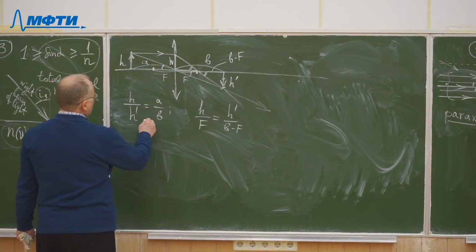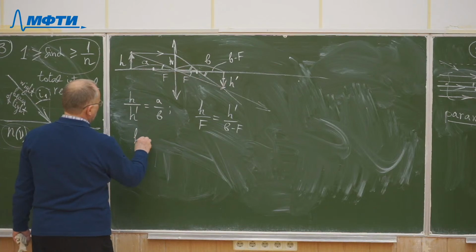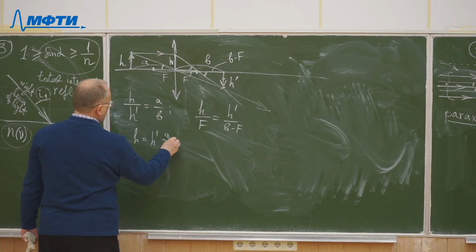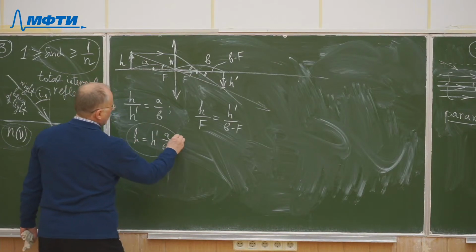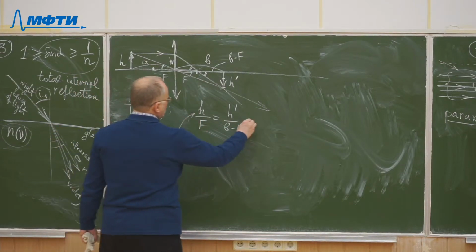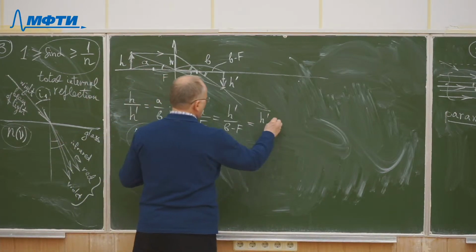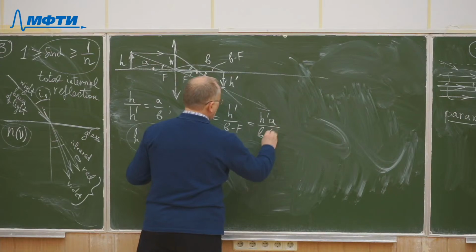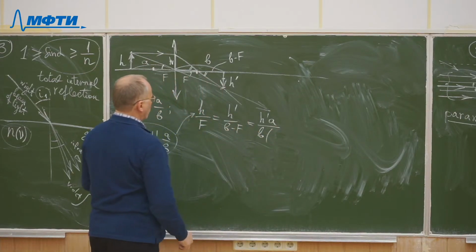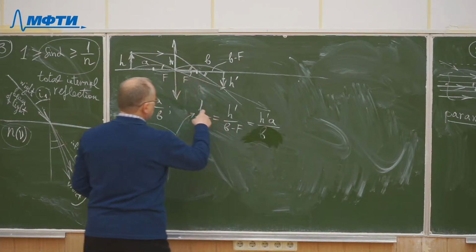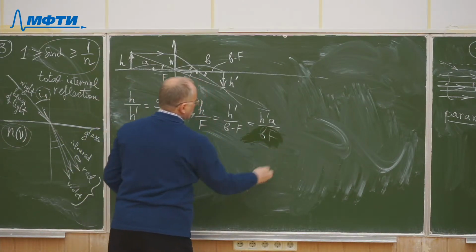And from the previous equation, h equals h prime a over b. And this expression can be substituted here. So instead of h, we can write h prime a over b, divided by f, certainly.